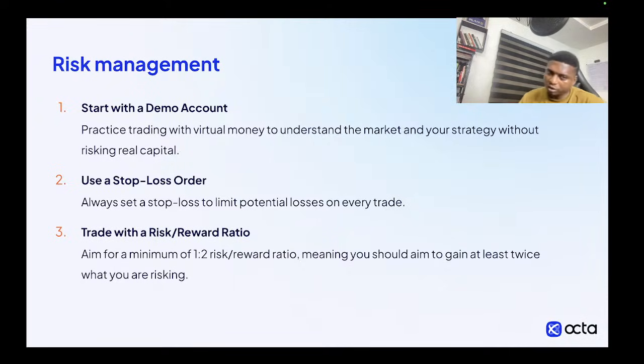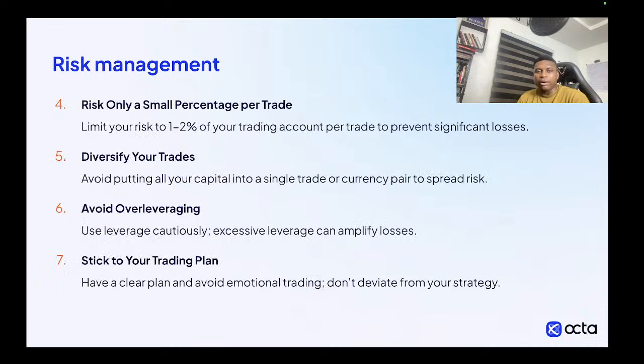Use stop loss order, very important. Also trade with a risk to reward ratio, like you watch me do. I set my take profit twice my stop loss, so I'm willing to gain twice as much as I'm willing to lose. Also risk only a small percentage per trade.